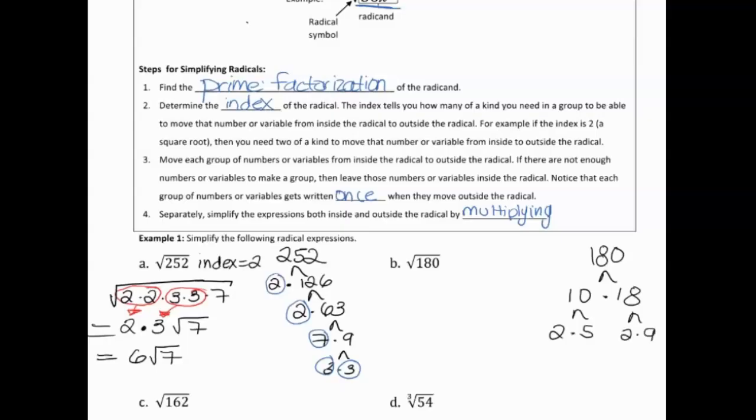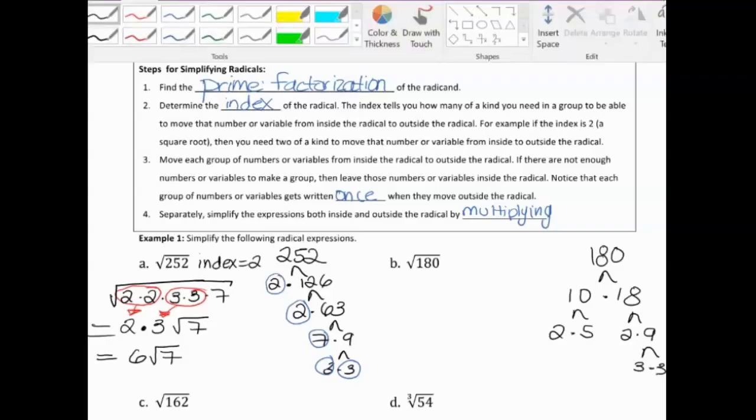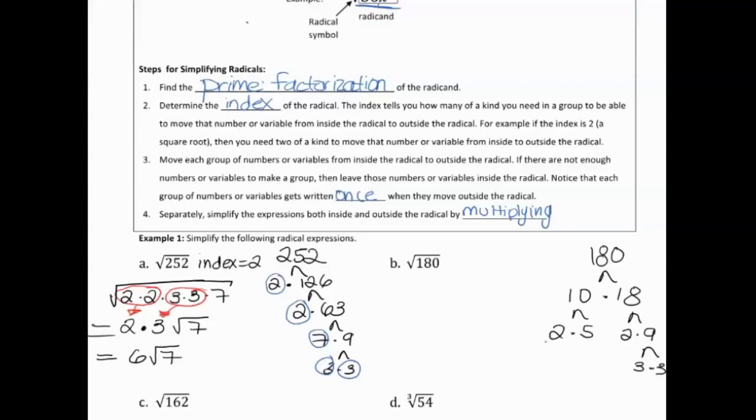Now from here, the 2 and the 5 are already prime numbers, and with 2 times 9, I can break down the 9. So 3 times 3. All right, so that means that my prime factors are going to be 2, 5, 2, 3, and 3.